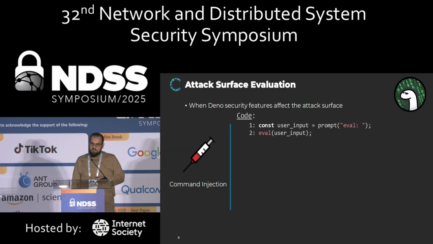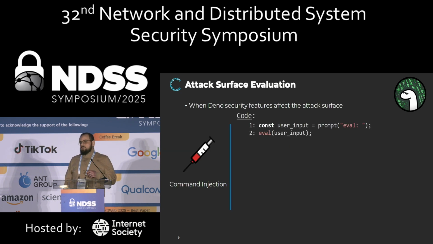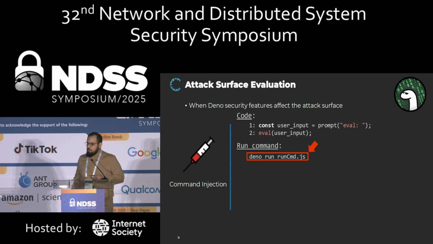In other types of attacks, Deno was able to move the risks from being runtime-centric to end-user-centric. One of them is command injection. Command injection allows attackers to run arbitrary commands on the application. Considering this code, you have a prompt message, and then you have a naive eval of the user input.